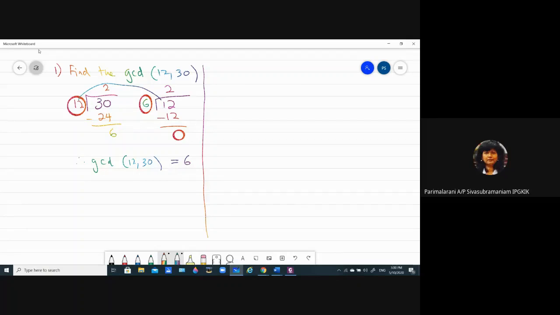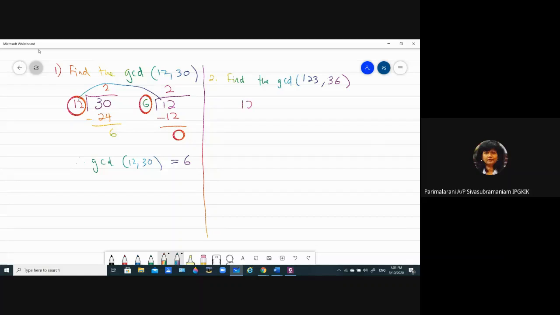Okay, let's try one more. Second question. We are going to find the GCD of 123 and 36. So what do we do now? Which is the bigger number? 123.